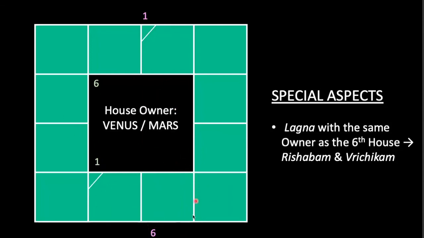So which 10 years will happen first? That depends on the placement of Sukran, whether he's closer to this side of the chart or this side of the chart. Closer to this, for example, if Sukran is here, he will carry out this one first. So he will do the Lagna Lord's duty first.